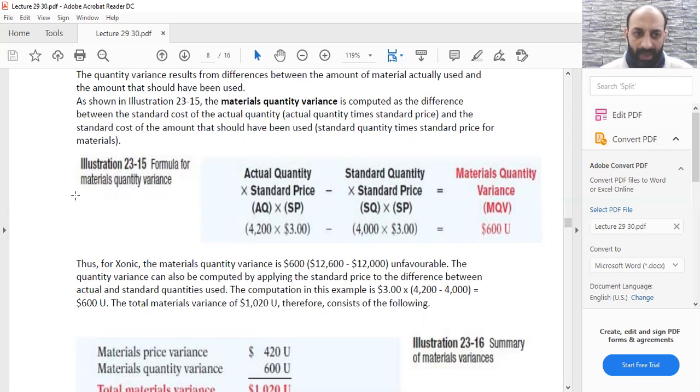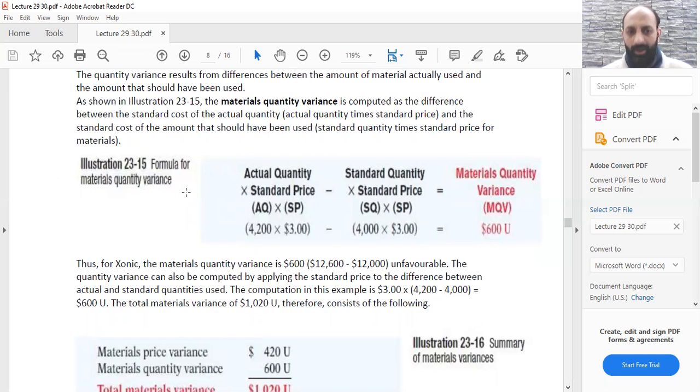So whenever we are dealing with material quantity variance, you should always have the actual quantity and the standard quantity. When you talk about price variance, you should have the actual price versus standard price.